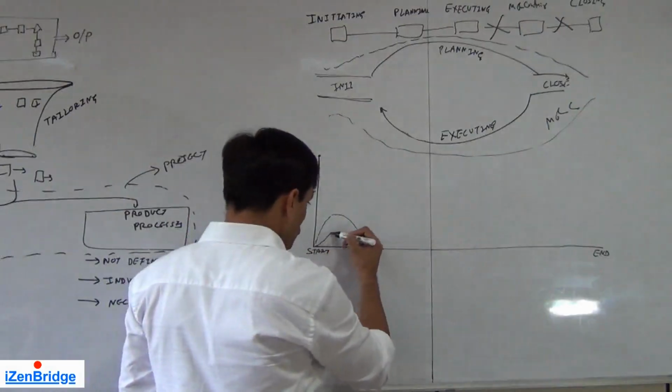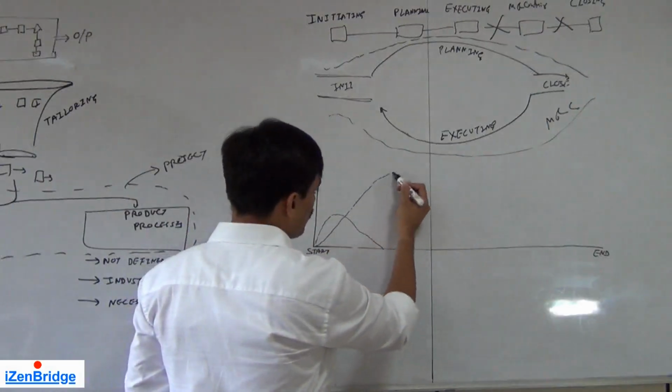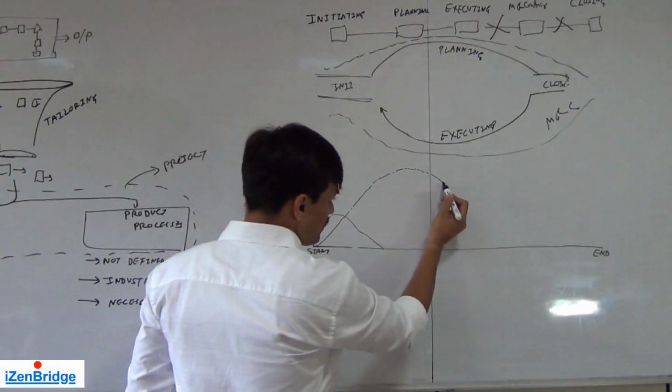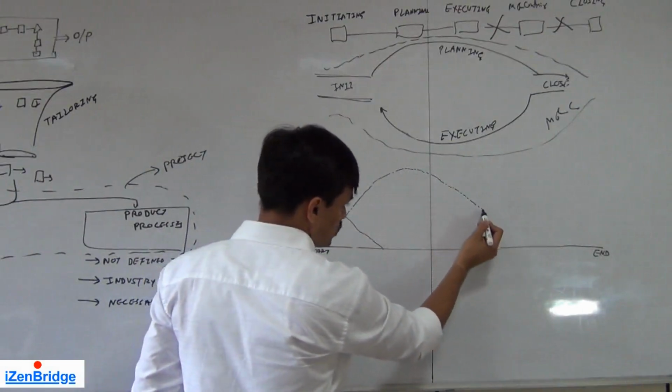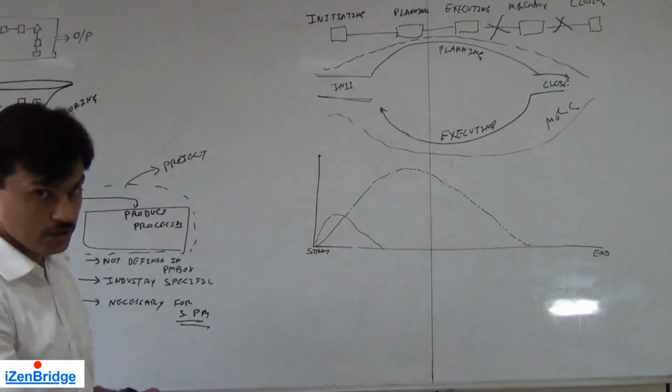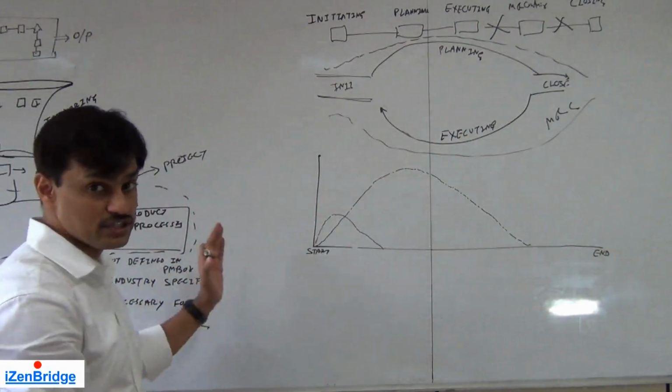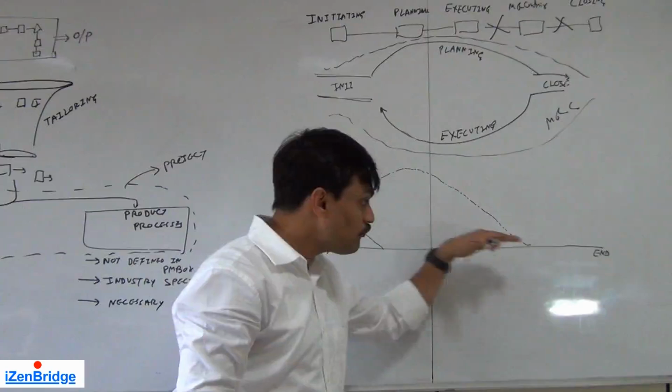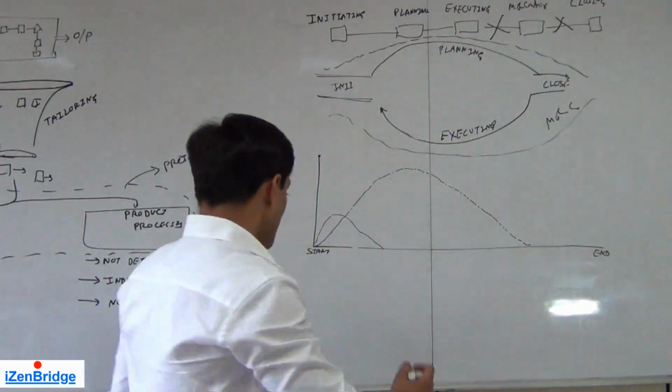And initially we would also be doing a good amount of planning. And as we reach, say, 75 or 80% of our project timeline, our planning activities will start going down. So our effort in planning activity will start reducing as we move further in our project life cycle.